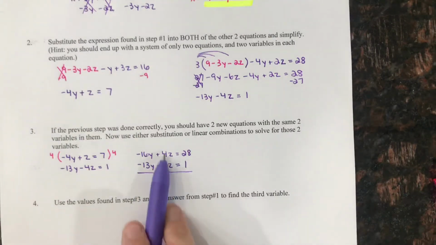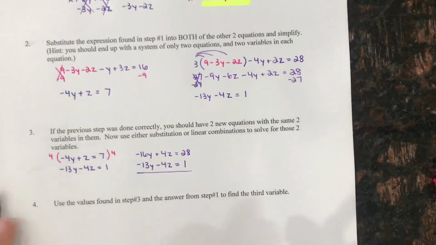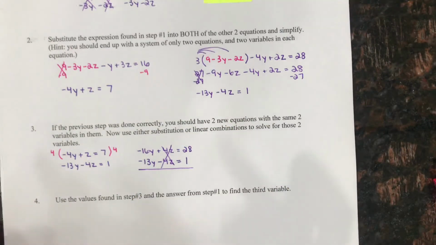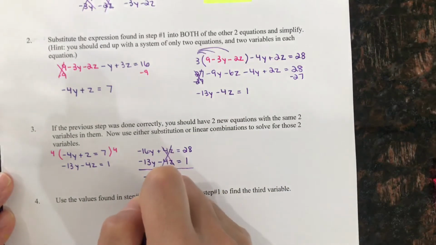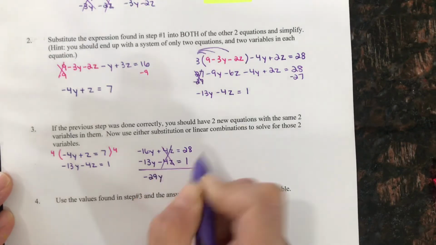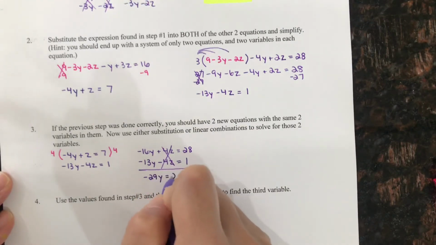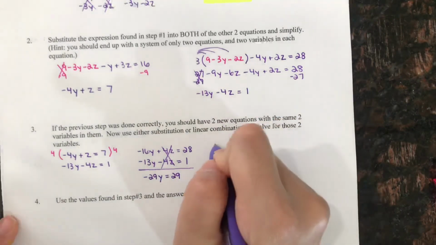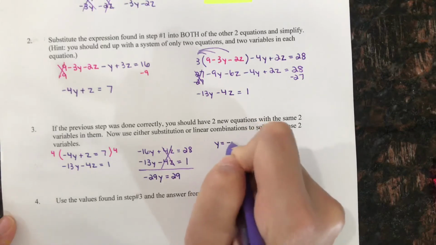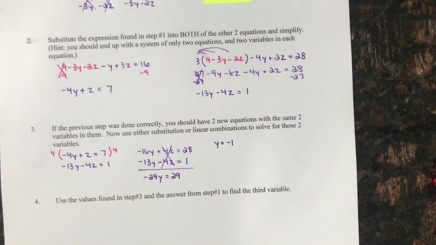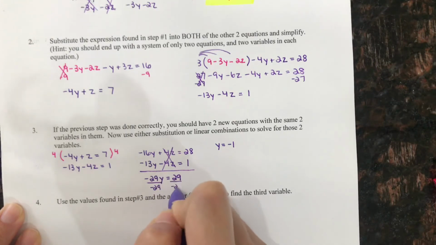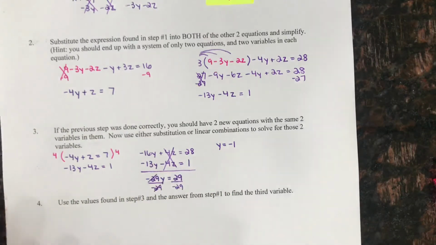And you're going to notice that the z's are going to eliminate. They're going to cancel out, leaving us with negative 29y equals 29. Those numbers worked out kind of nicely. And now we see that y has to be negative 1, just by dividing. Don't really have to show this step, but you get y equals -1.